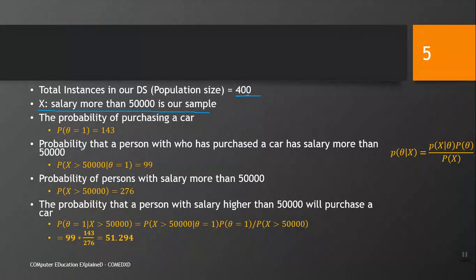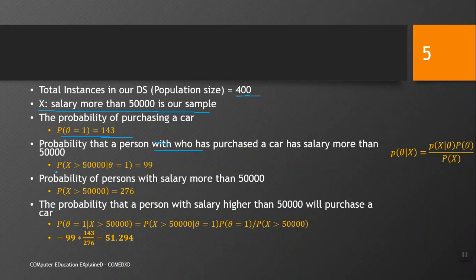The probability of purchasing a car is 143, meaning the probability where theta is 1, the parameter is 1, meaning all those instances where the customer has purchased a car. So there are 143 instances in total. Next is the probability that a person who has purchased a car has salary more than 50,000.